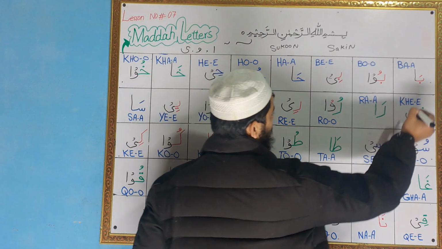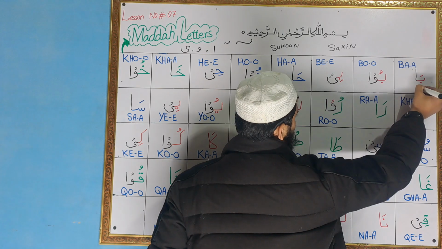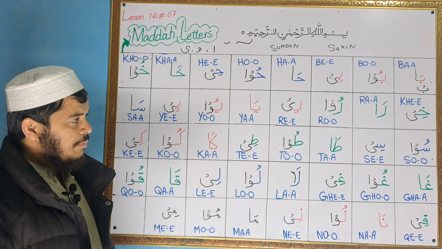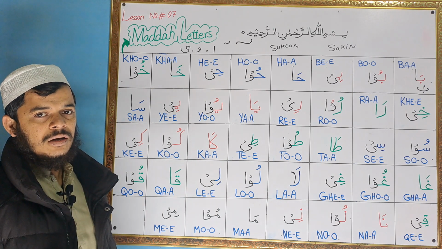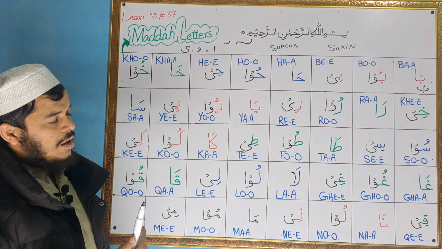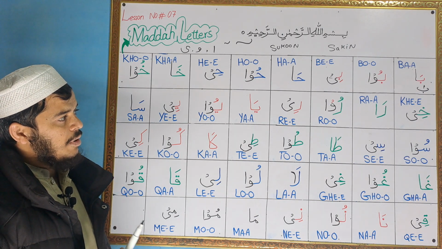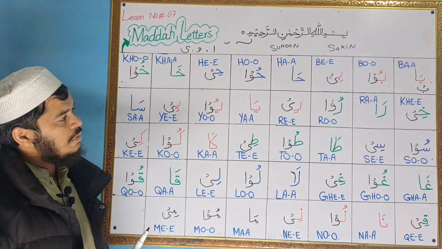It's exactly the same thing as ba with standing fatha. So ba standing fatha, ba, and ba with alif after fatha, it's the same, ba, no difference at all.